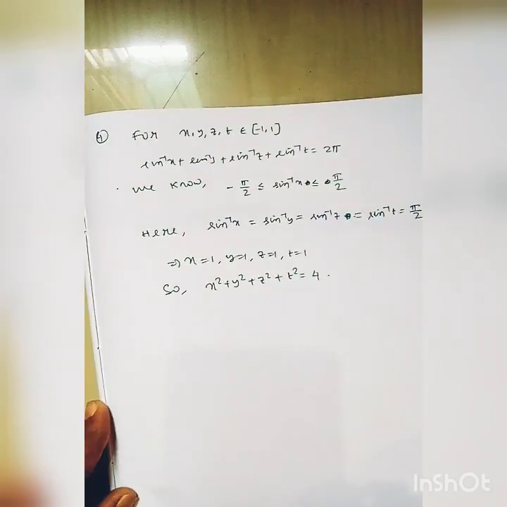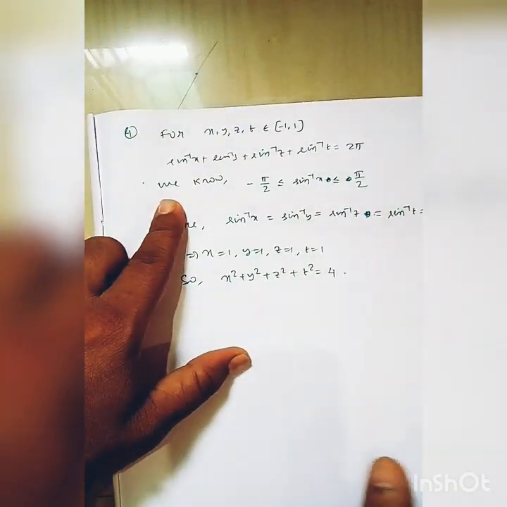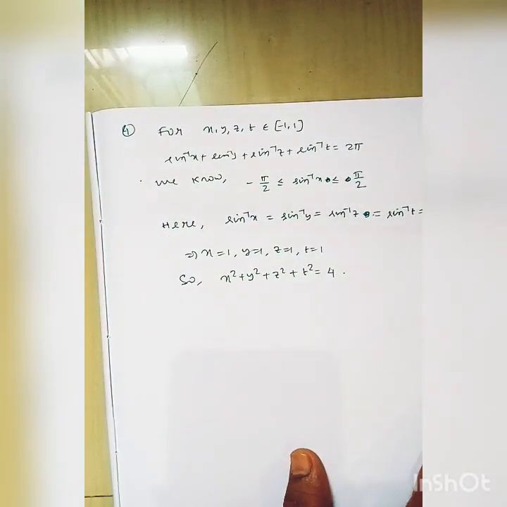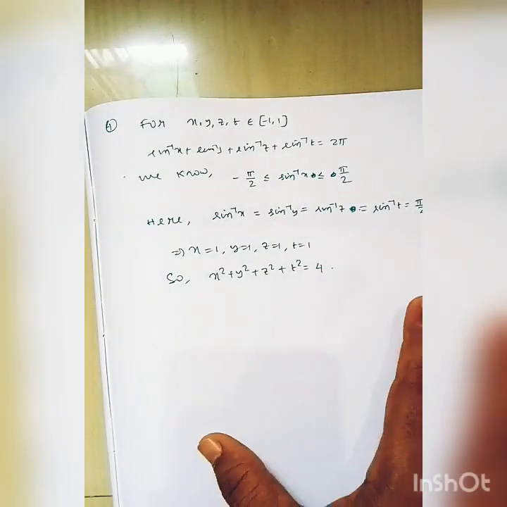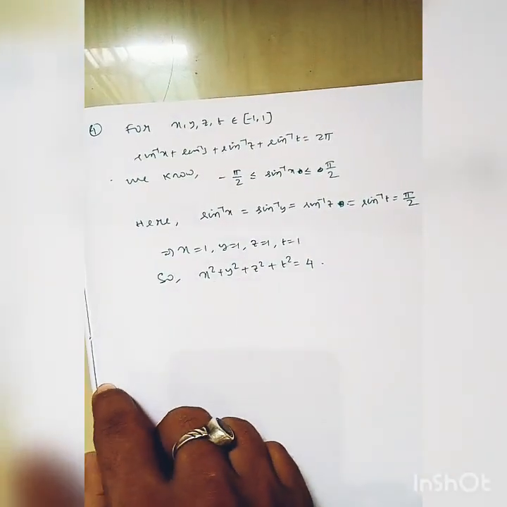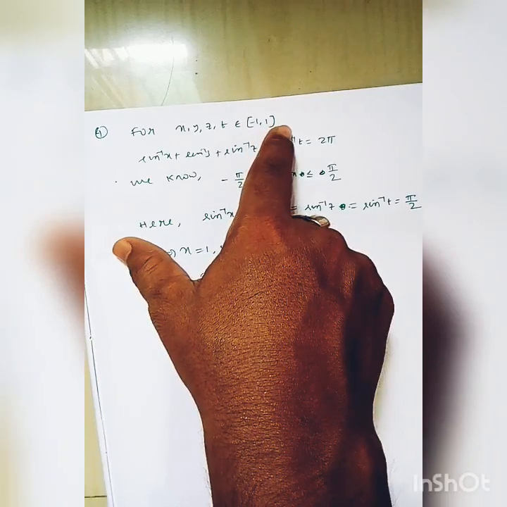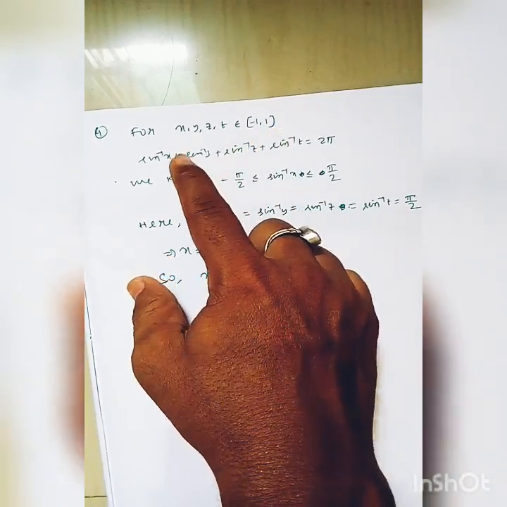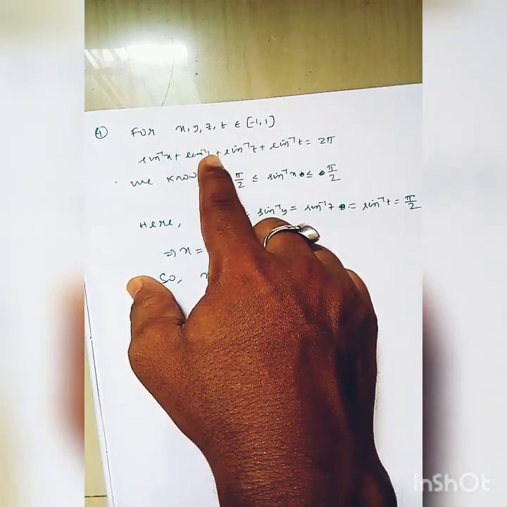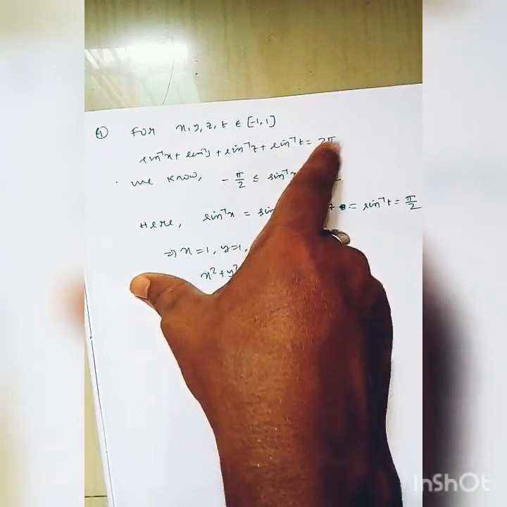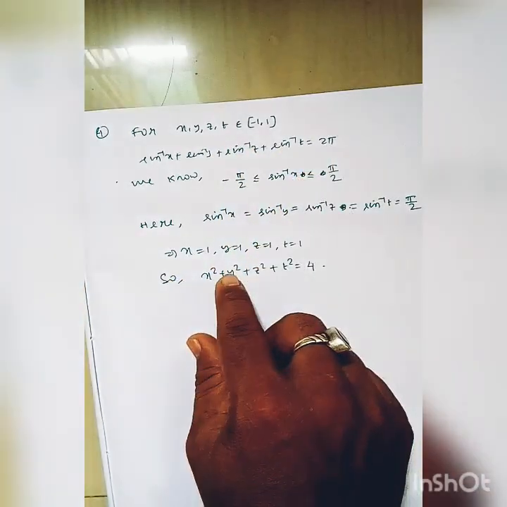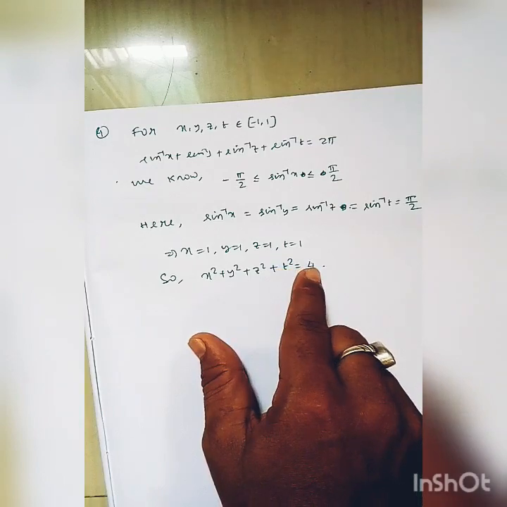Another question. This is also from assignment 1, question number 4. Most of the students have doubts in this question. If x, y, z, t belong to the closed interval minus 1 to 1, and sine inverse x plus sine inverse y plus sine inverse z plus sine inverse t equal to 2 pi, then find the value of x square plus y square plus z square plus t square.